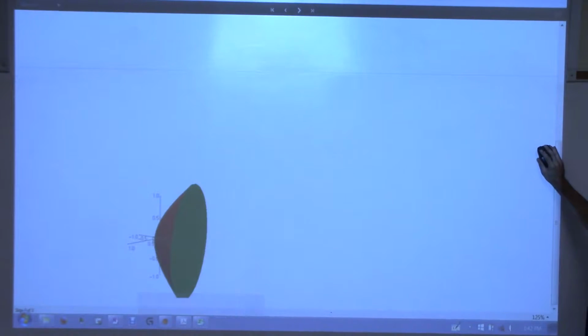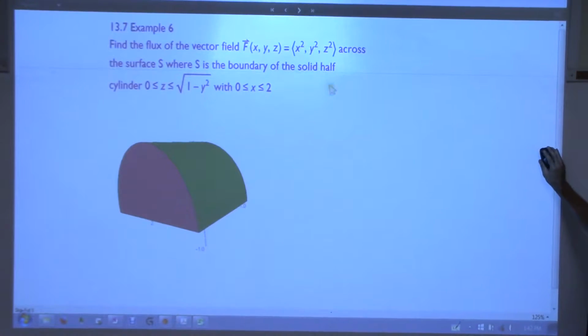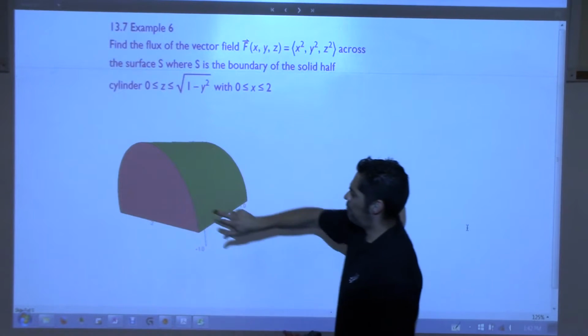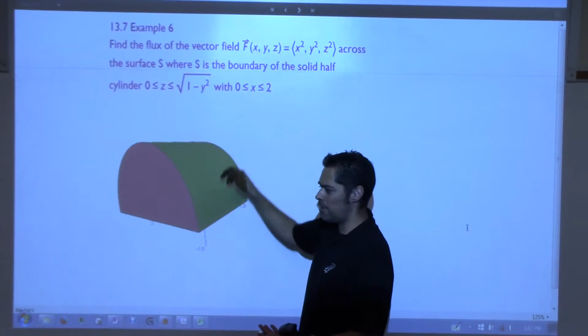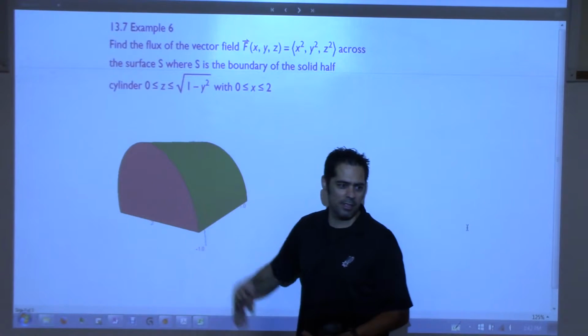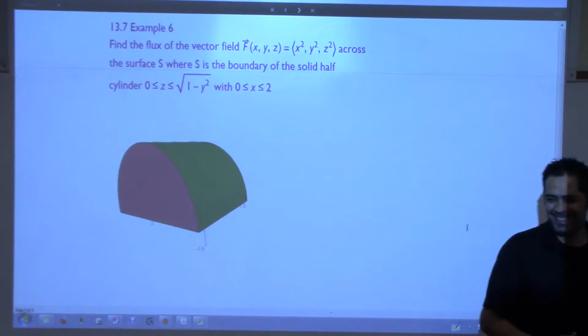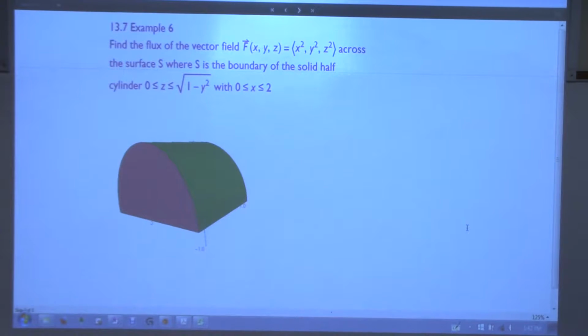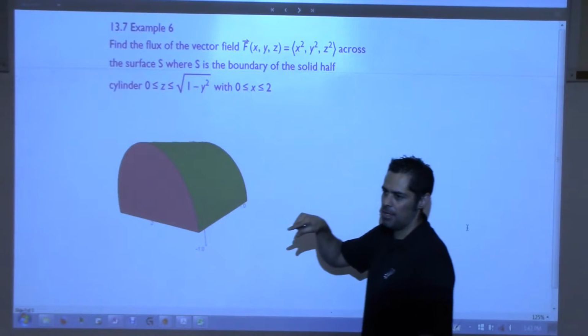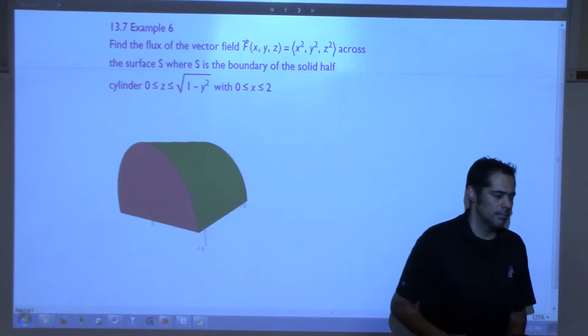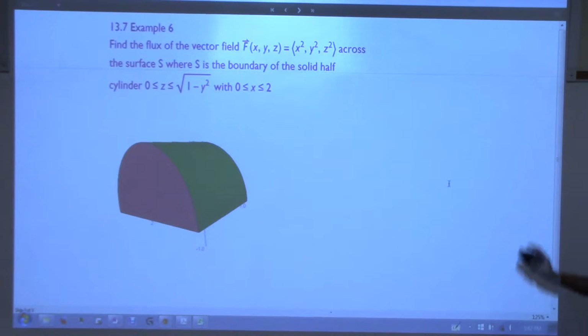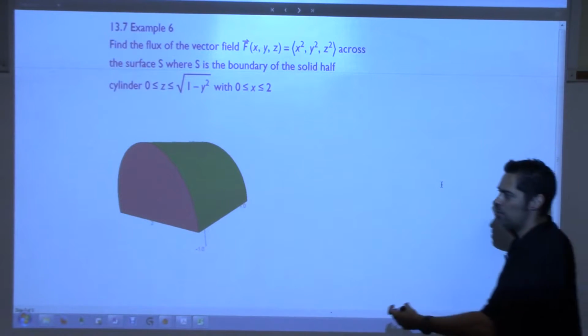And then in this last example, there were 3 super shortcuts, the front, the back, and the bottom, and then the top was the other shortcut. You know what I'm saying or not? Whenever you use the n in the problem, that's a very short way to the answer. But all of these could have been done with the original formula. Then you would have to find a parametric representation for each of these.